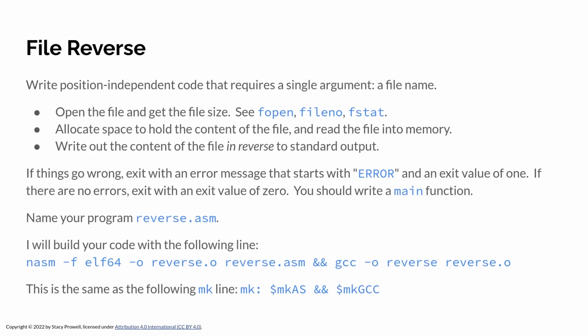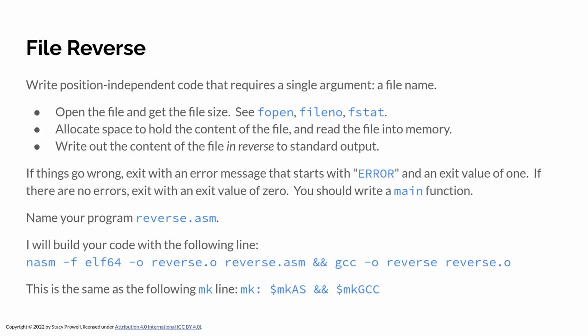There's homework. Let's do next time. And what I want you to do is write position-independent code. Takes a single argument, which is the file name. Open the file, get the size. There's a function you'll need to do that. Allocate space to hold the content of the file and read it into memory. Write out the content of the file in reverse to standard output.